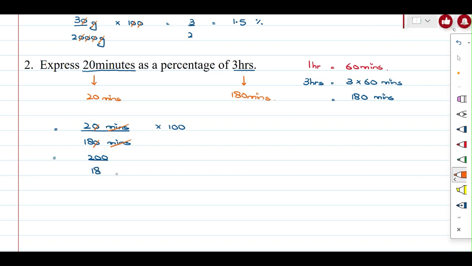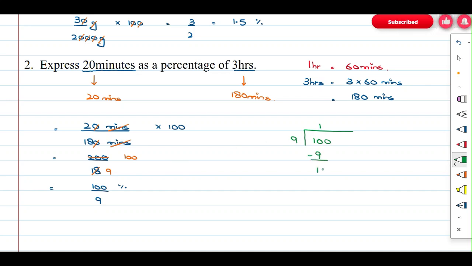Let me simplify this. 2 times 9 is 18, and 2 times 1 is 2 and double 0. So this is 100 over 9%, or let me convert it into decimal representation. Let me divide this: 100 is inside and 9 is outside. 9 times 1 is 9, subtract, 10 take away 9 is 1, and a 0.